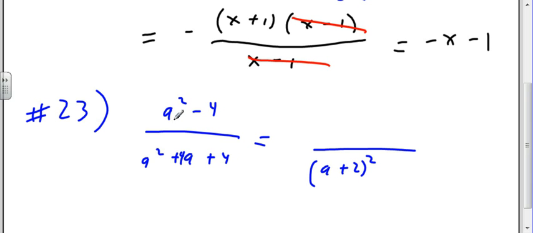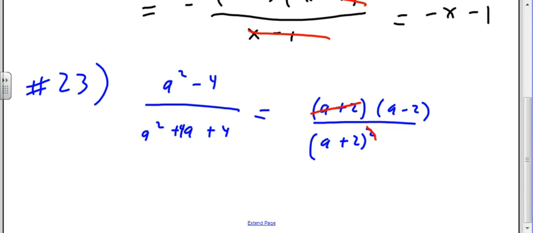We recognize this as a squared minus 2 squared, so that'd be a plus 2, a minus 2. And then we get rid of one of those guys, and we just call that a minus 2 divided by a plus 2. And then we have to make the a look sort of like an a. There we go. Good enough.